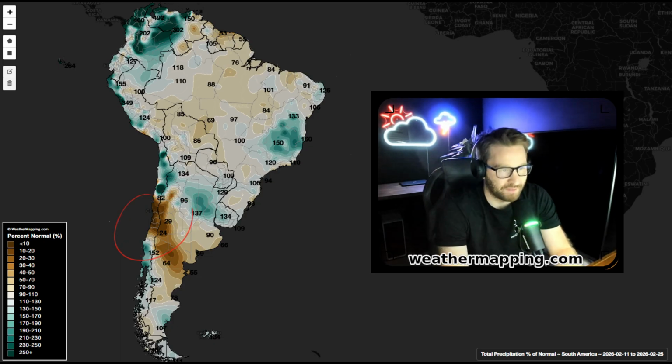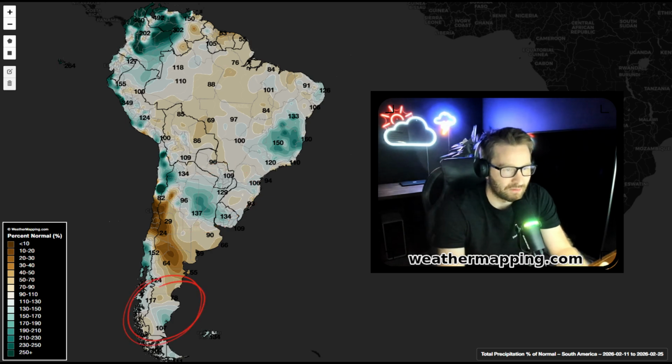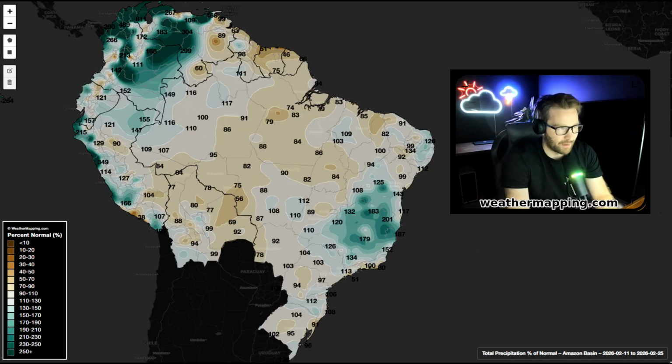And the pattern flips to above normal, nearly between 110 and 170% of normal, with an embedded maxima. Farther south into Patagonia, the signals are more mixed, with near normal interior and some coastal and localized wet spots. So let's break this down by region.